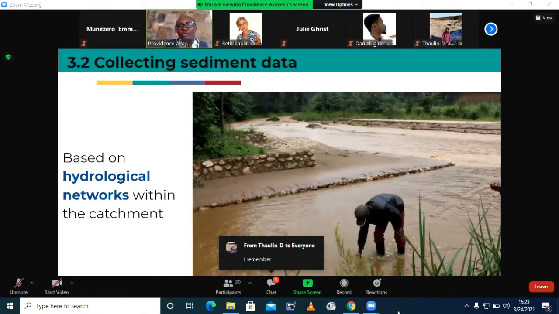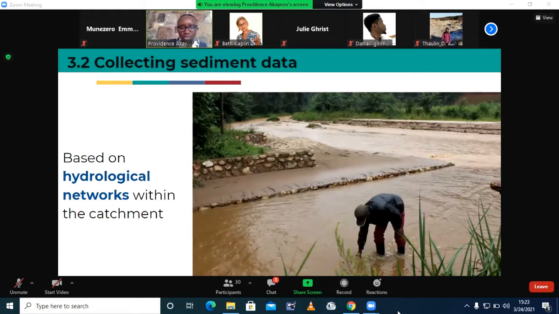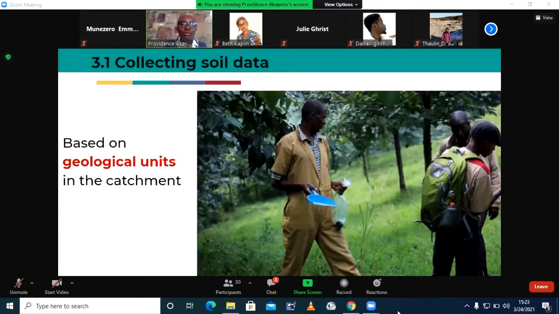Now, we also collected the sediment data. With the soil, I forgot to mention, we used to dig with a plastic material, avoiding interference from any metal object with our soil data. And we tried to avoid any kind of contamination of our data because the data had to go through laboratory analysis.